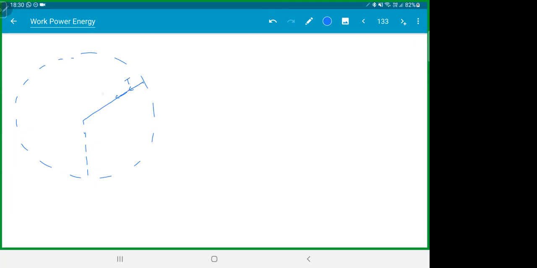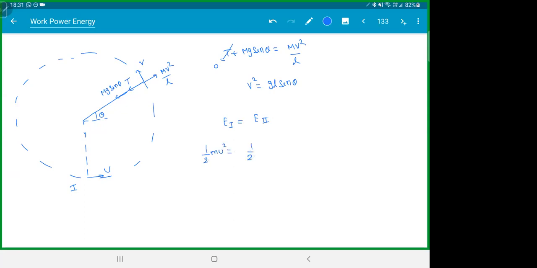So tension, mg sine theta, you actually get the same data there. Centrifugal force. This is state 1. Let this be speed u and let this be speed v. So tension plus mg sine theta is mv square by L. String becomes slack so tension is 0, so v square is gL sine theta. Energy in state 1 is equal to energy in state 2. Conserve energy. This would be half mu square is half mv square plus mgL(1 plus sine theta).